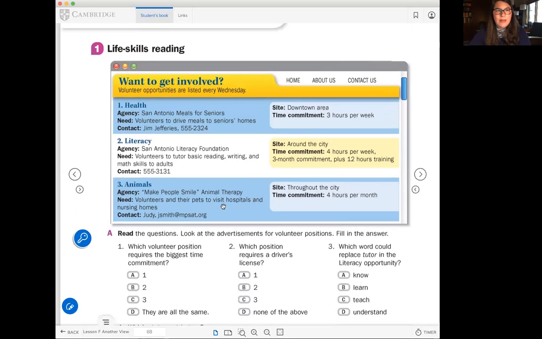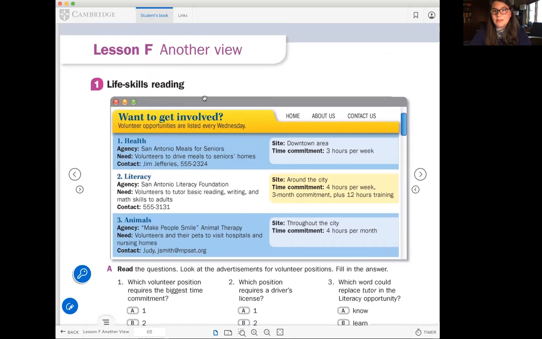All right, so Lesson F, as I said, is the last lesson. There are two parts always to Lesson F. The first part is life skills reading, which is also CASAS practice, okay? The CASAS test that you take for placement and the test you will take at the end of this class is all life skills reading.